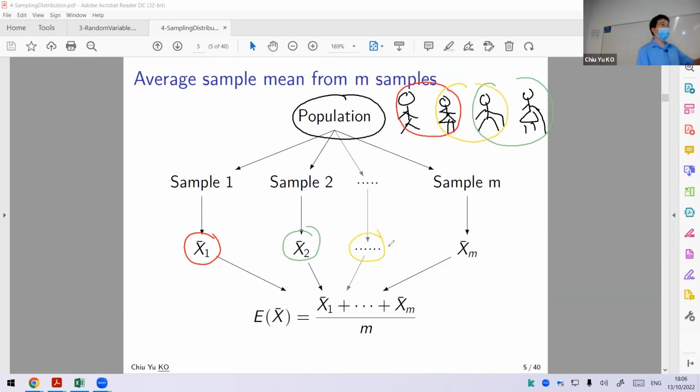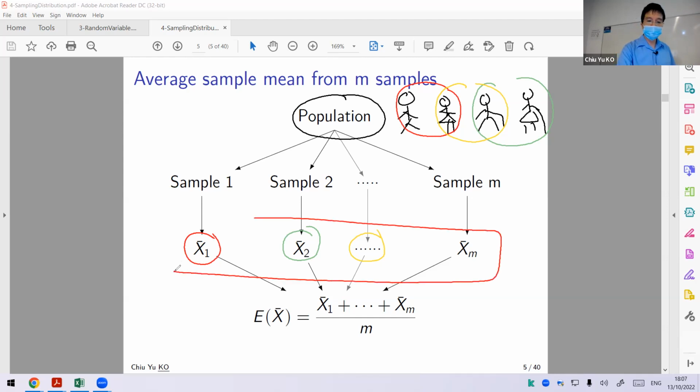There are many possible cases. You keep doing this, keep drawing, and the average of all these possible cases will be called the expectation of the sample mean. It essentially says you just keep doing this many times, and this is what you have.